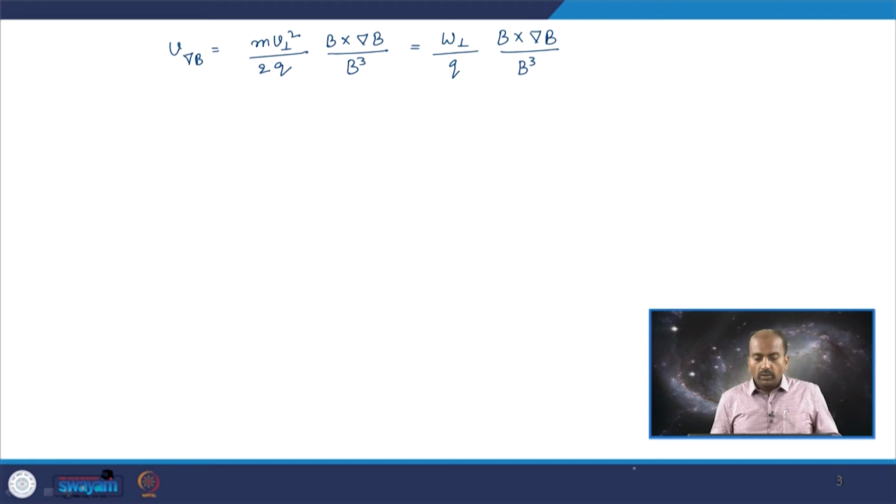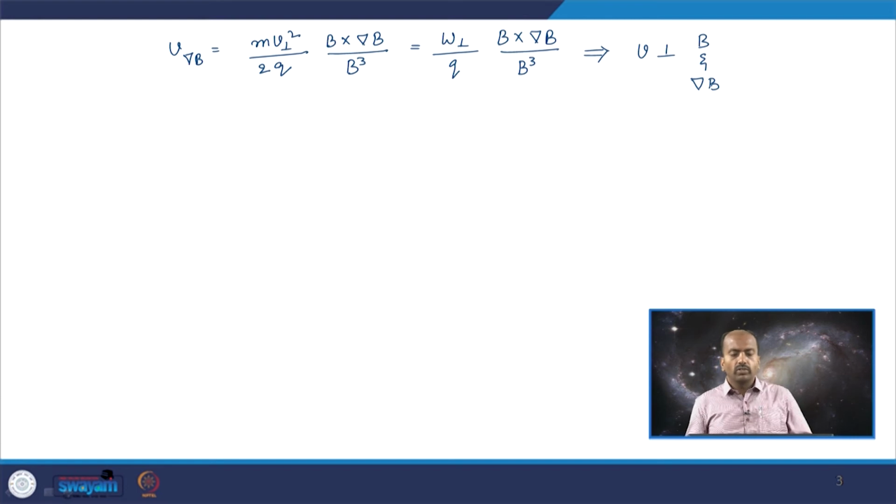So this simply implies that the velocity is perpendicular to both B as well as del B. For the case of Earth, the velocity will be in the equatorial plane along the longitudes.